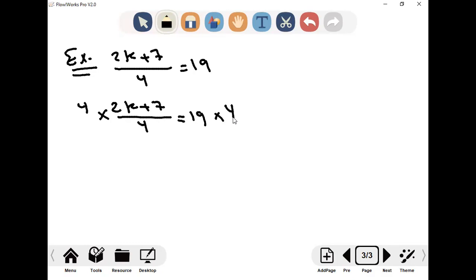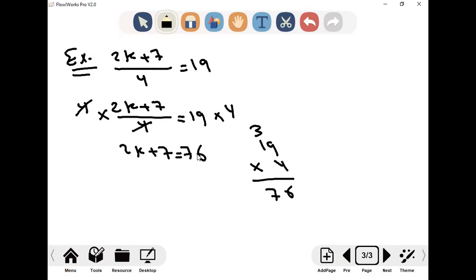By multiplying both sides by 4, this 4 is done. Still 2k plus 7 equals 19 times 4. How much is 19 times 4? It is 76.